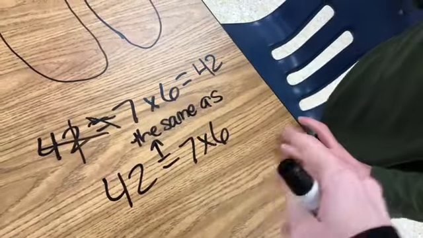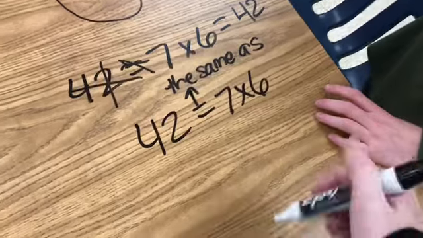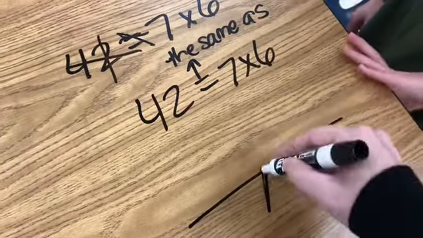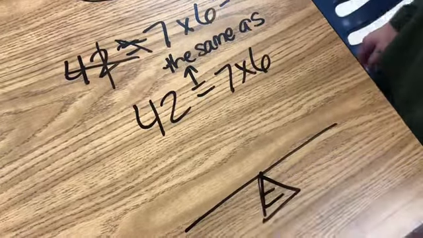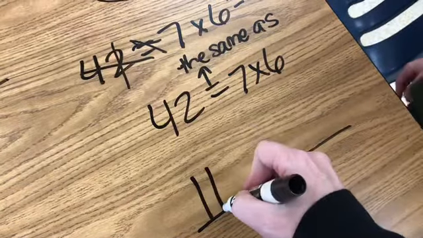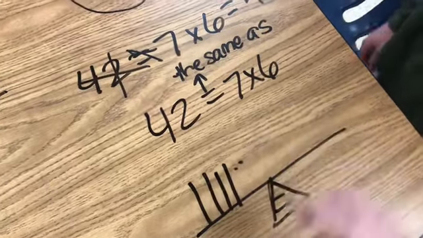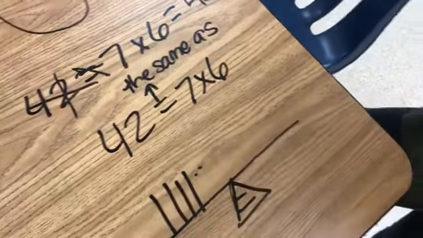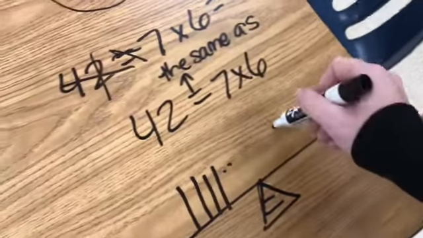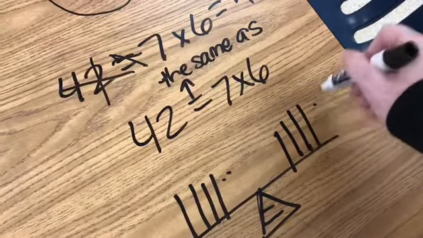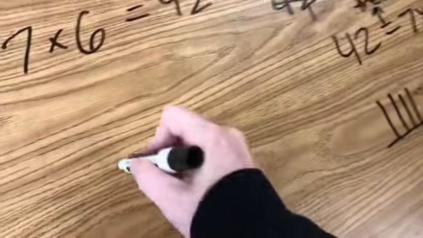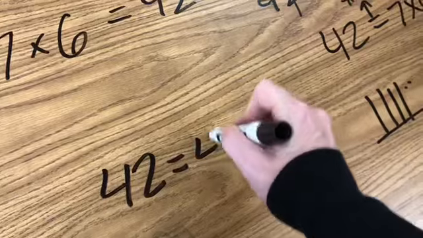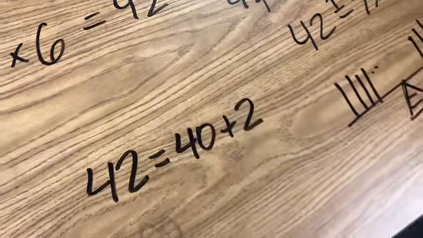The same as. Let's imagine this was balanced, like a balance scale. In order to be equal, it has to balance. So if I have 42 on this side, I need to have 42 on this side. Is 7 times 6 42? Yes. So that would balance, right? But I could also do 42 equals 40 plus 2. Isn't that true?